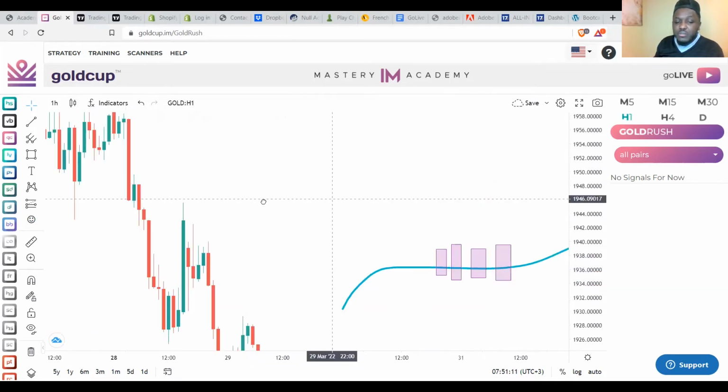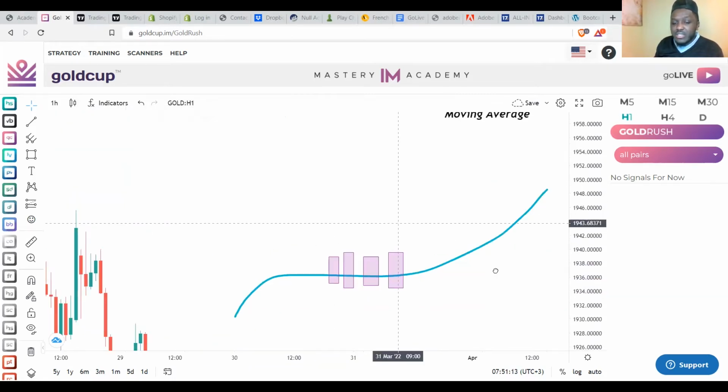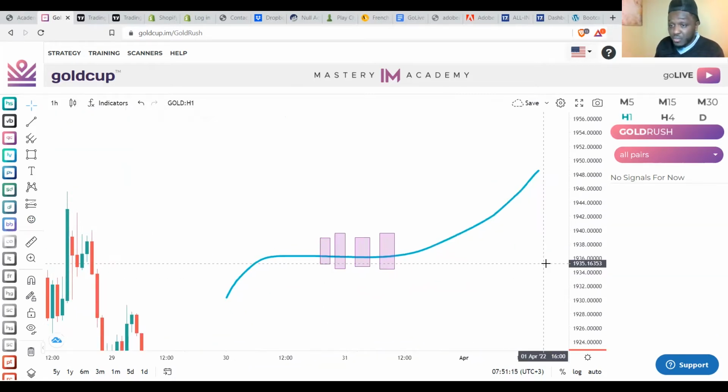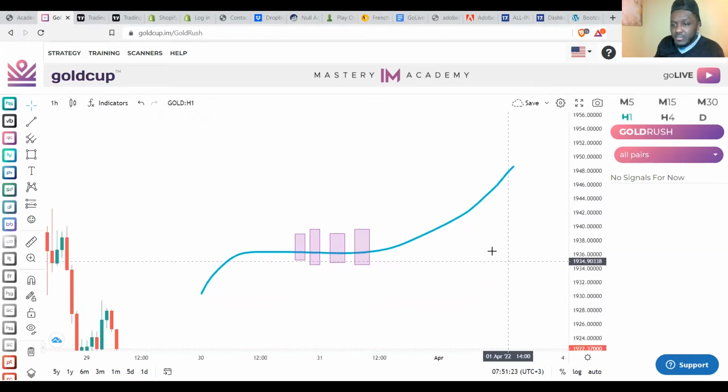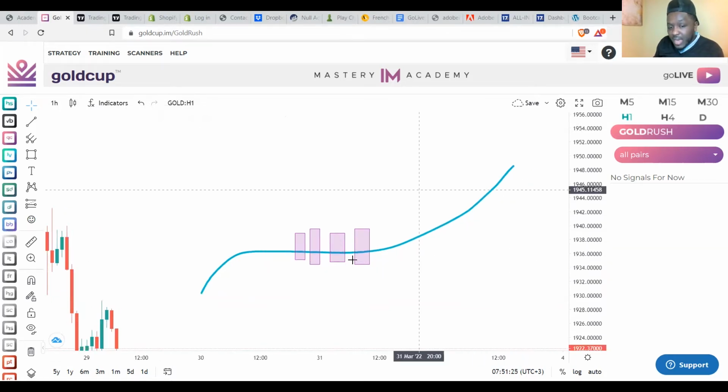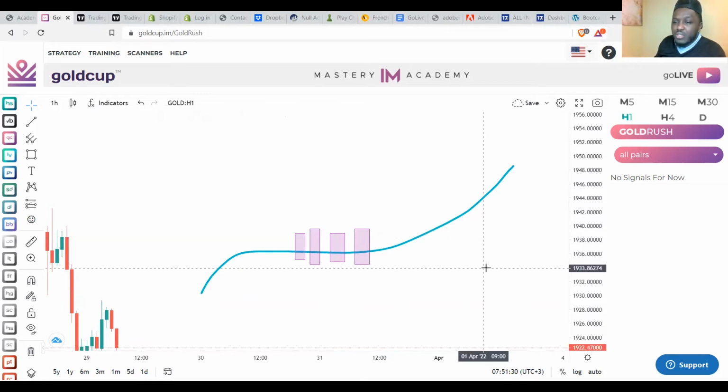If it's just going horizontal, then you can tell that the market is in some kind of consolidation. It's also going to help you identify when the market is on a downtrend, in which case the candlesticks are going to be below the moving average, okay? So it's an extra confirmation of what you can already see. And it's also going to help us identify support and resistance levels.